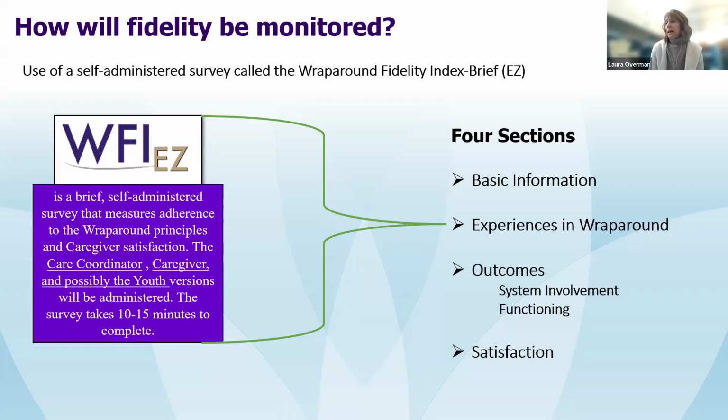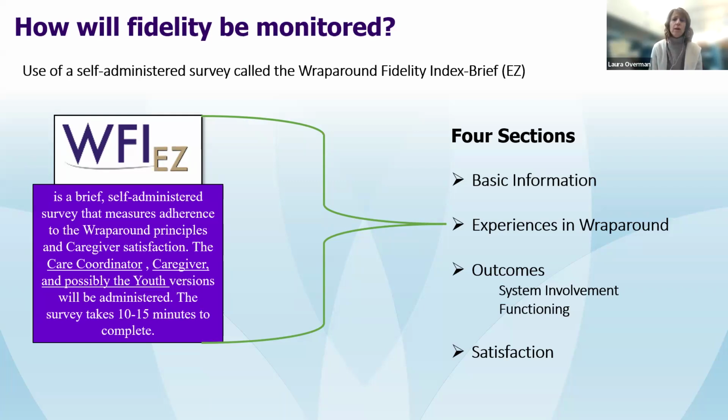And then an outcome section that looks at whether, since the youth started working with your agency in this episode of care coordination, there has been system involvement and negative system involvement, such as negative interactions with law enforcement or the juvenile justice system, out of home placement, or needing to go to the ER for an emotional or behavioral health reason.